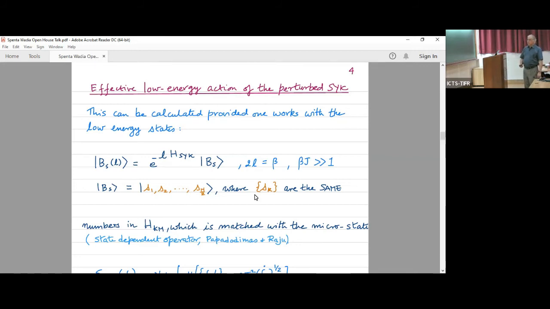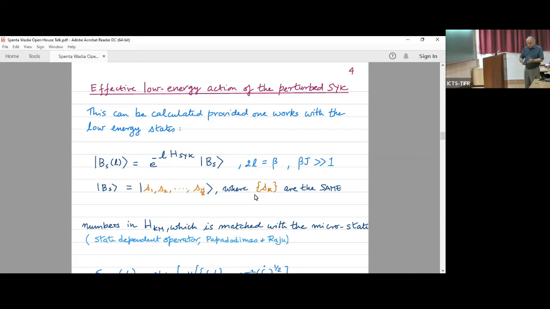Now, the important point is that this B_s that I'm going to consider in my discussion is precisely made of exactly those eigenvalues which the Kourkoulou-Maldacena operator has.